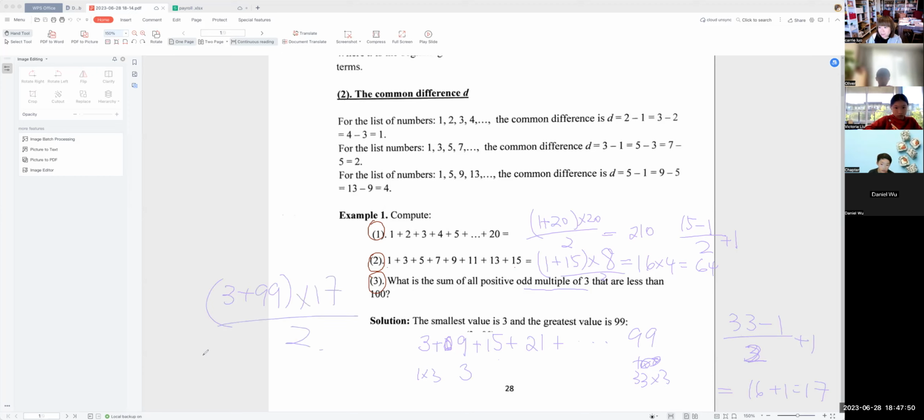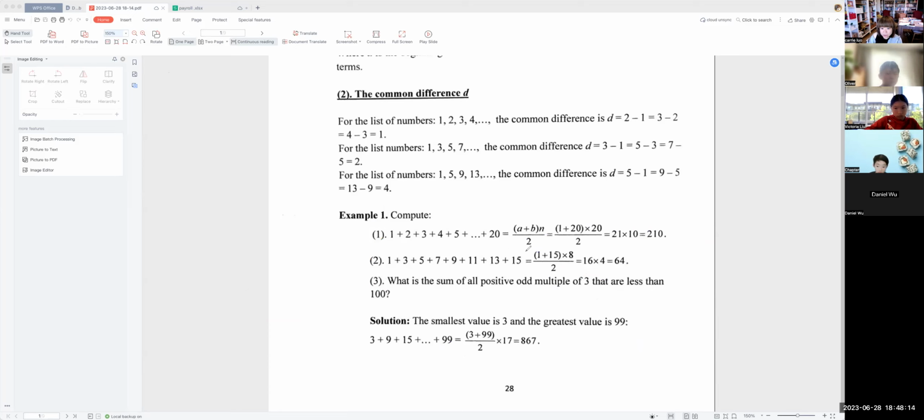If you forgot how to calculate how many numbers there are, the equation is always: first number plus last number, times how many numbers, divided by 2.